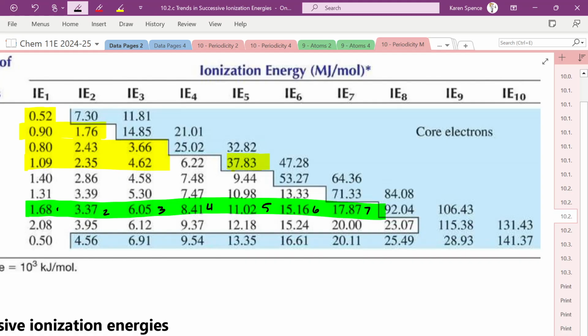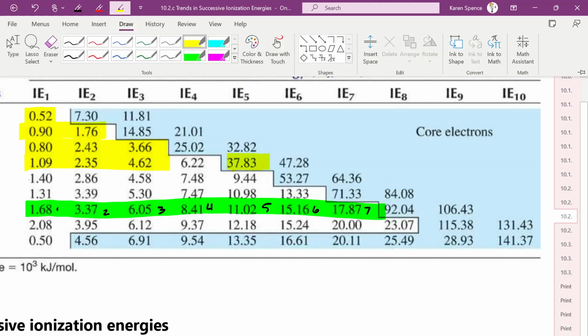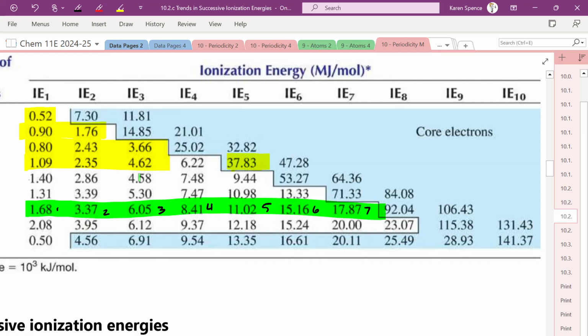Okay? So you should be able to take a look at a table like this. Even if they don't put in that lovely color coding, where this area is white and this area is blue, you should be able to see it and go, oh, this one has 1. Okay, 1, 2, 3, 4, 5. 5 valence electrons.